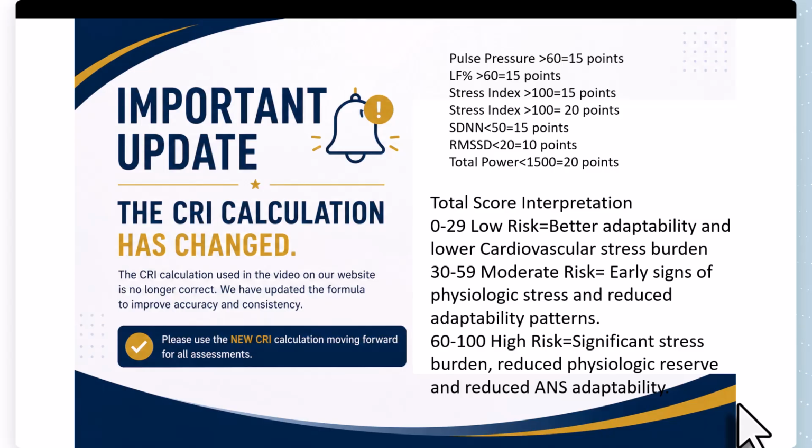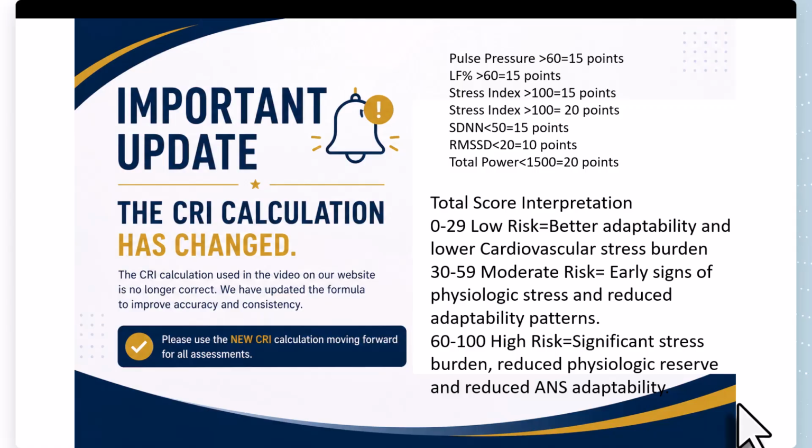All right, so we're going to show you some of the calculations. Now, the video that you watched before explains the cardiovascular risk index, what is causing those vessels to become stiff and non-flexible, the returning wave and the forward wave, and all that.